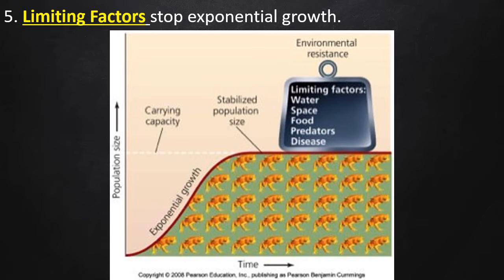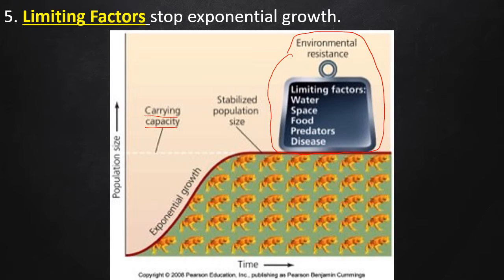Limiting factors stop exponential growth. So when a species is growing rapidly and it reaches carrying capacity, the level of a species that the environment can support, the population starts to go down.